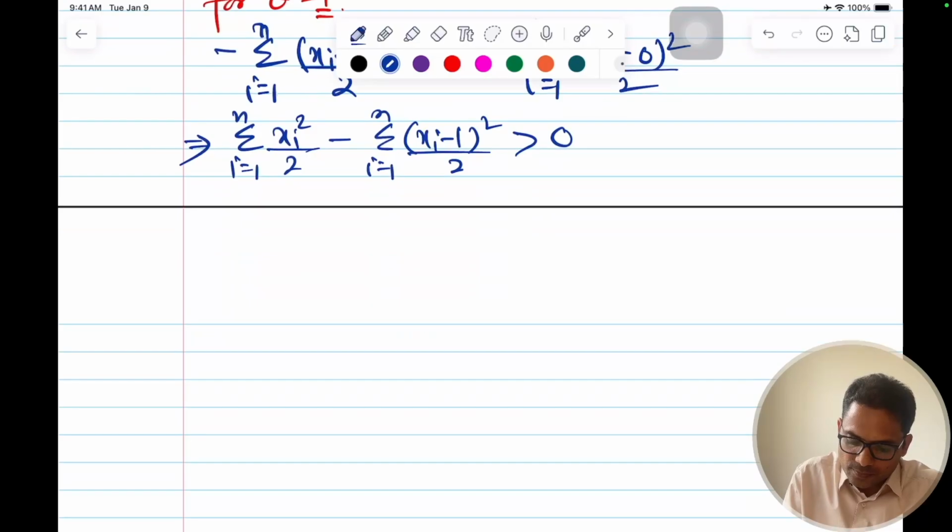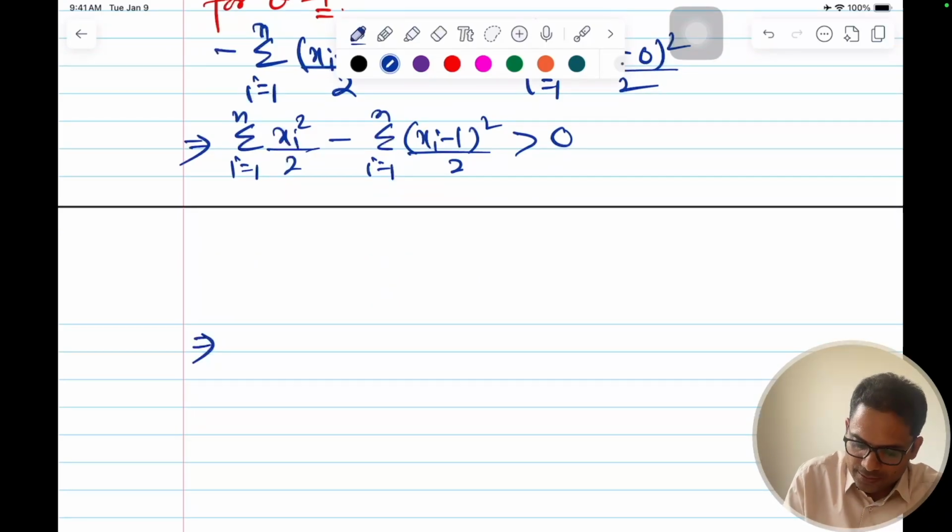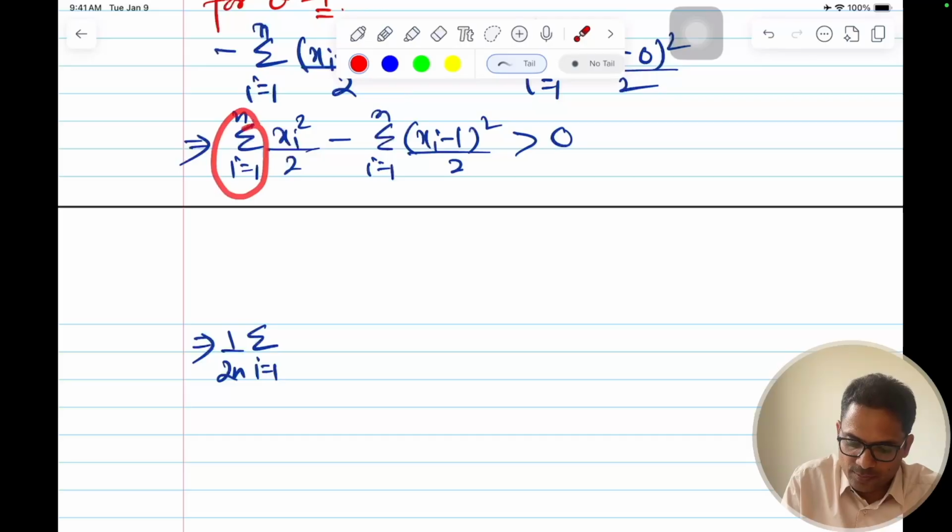So what will this be equal to? I'll just keep sigma i equal to 1. This 1 by 2 will be common, and the summation runs n times, so 1 by 2n will be common in both, because the summation n times will become n in both, so I'll take the 2n common and bring it out.